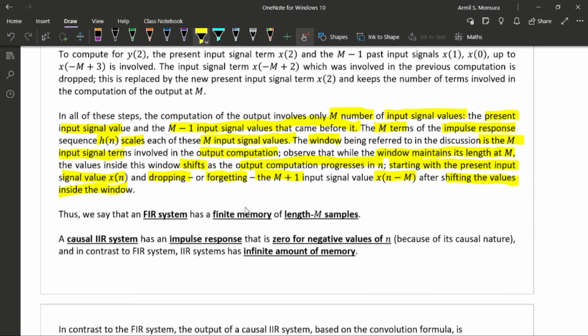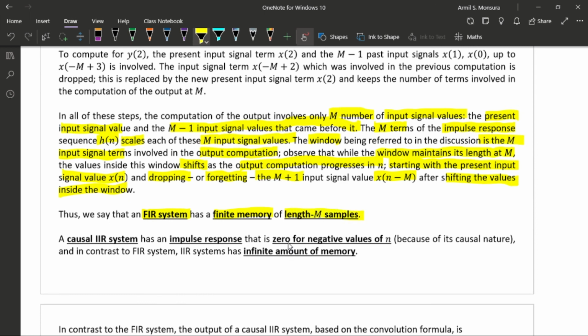Therefore, values of x of n outside of those M values are forgotten or dropped. That is how we get that an FIR system has a finite memory of length M samples.